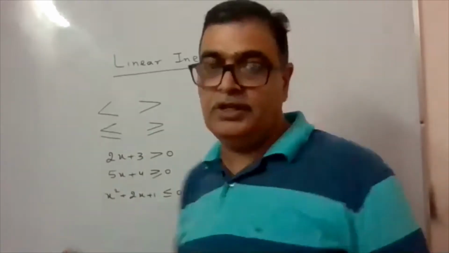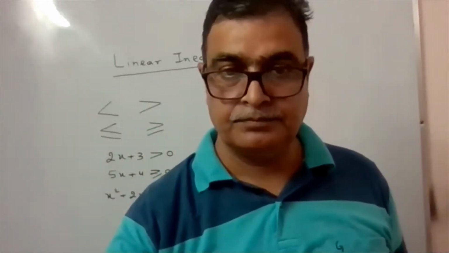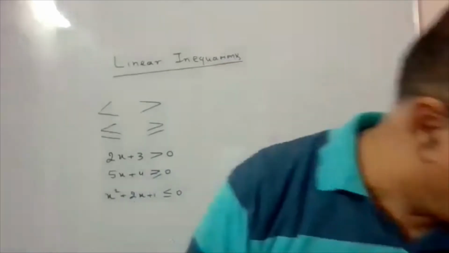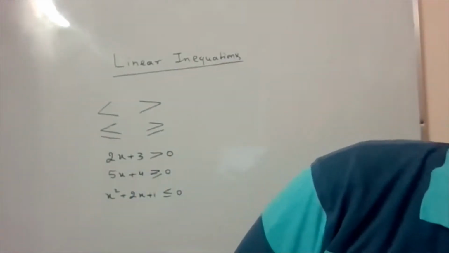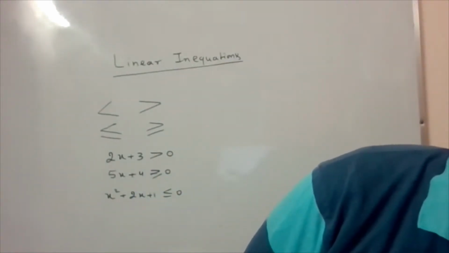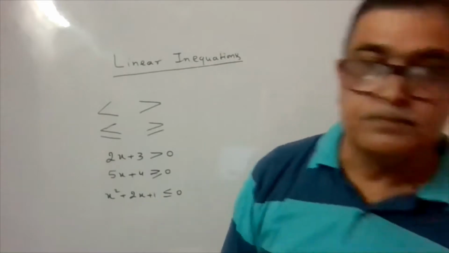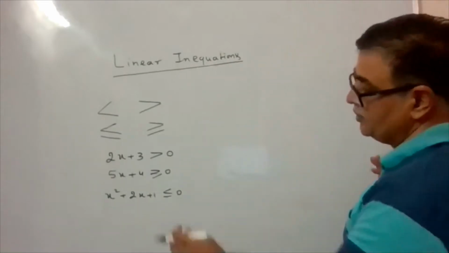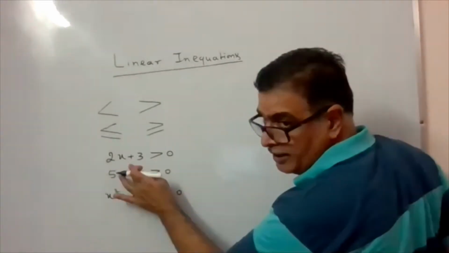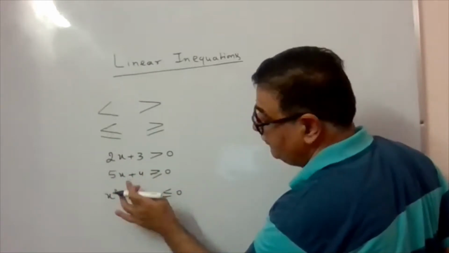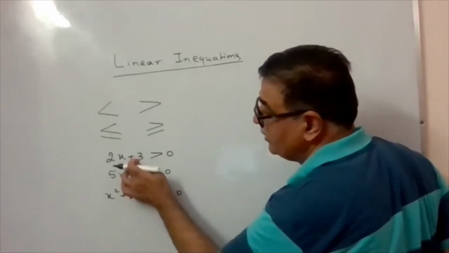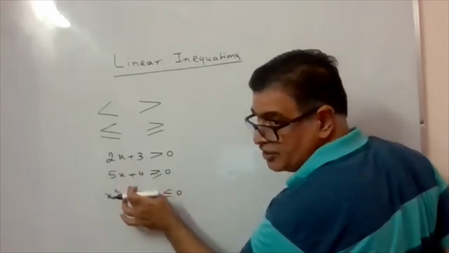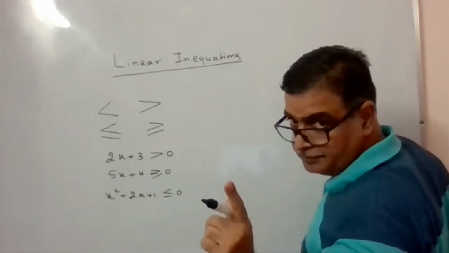Here in these inequations we have one variable, we have one variable here, we have one variable here. So these are called inequations with one variable.